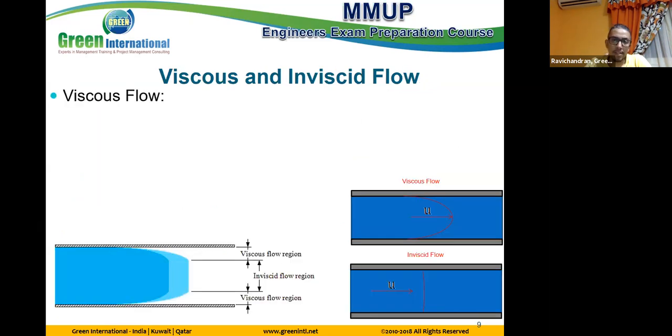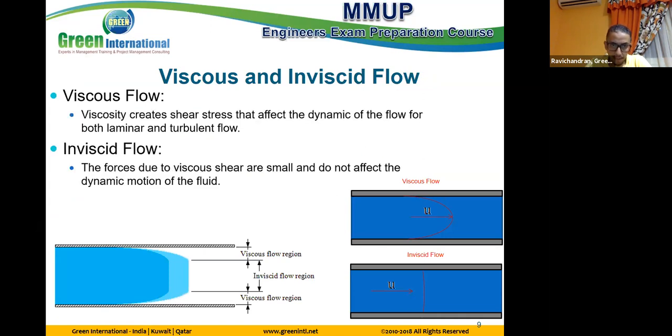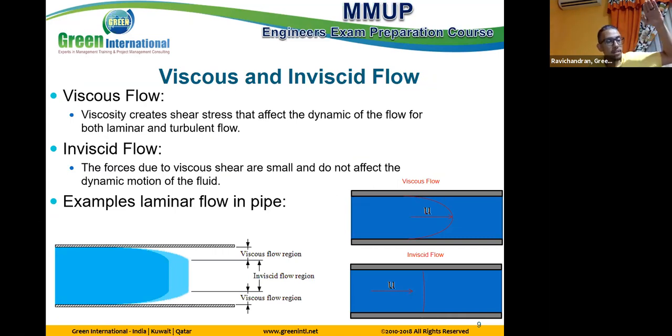Viscous and inviscid flow. You remember viscosity? Viscosity is an effect on the flow. Layers have a velocity gradient between them, so the velocity is not the same at all locations of the flow.